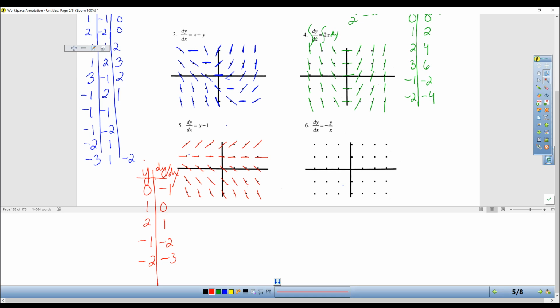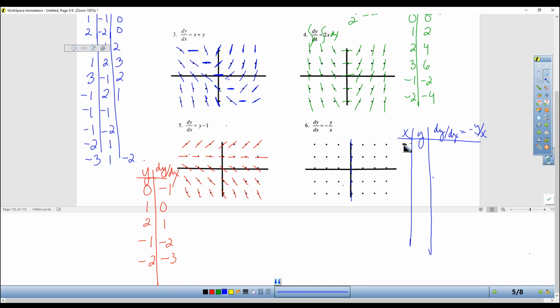I hope so. All right, last pain in the neck one. So I'm going to make 3 columns, x, y, and dy dx, which is negative y over x. So this time, what can't x be? X can't be 0. So there is a vertical line at x is equal to 0.